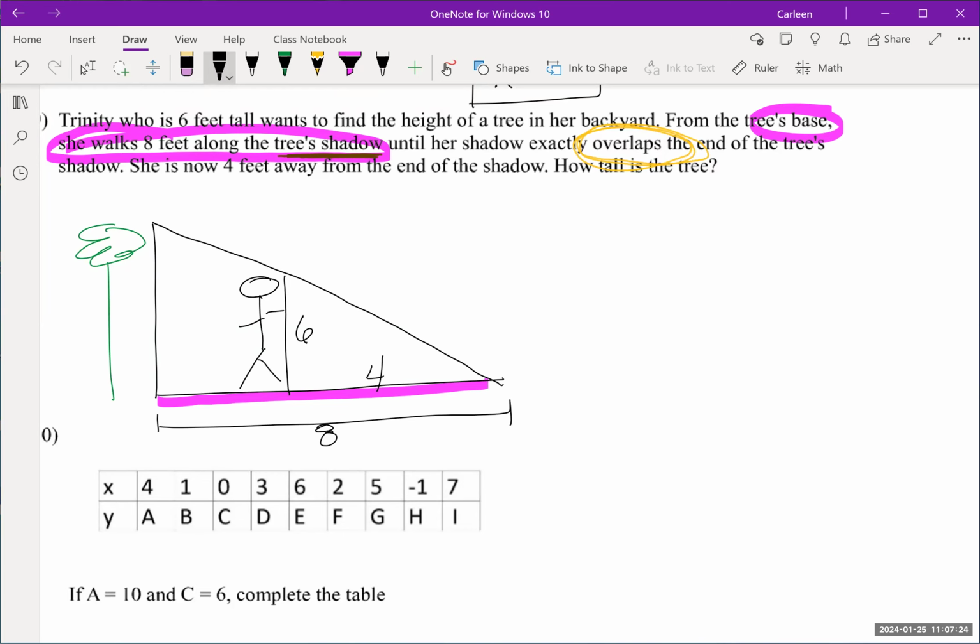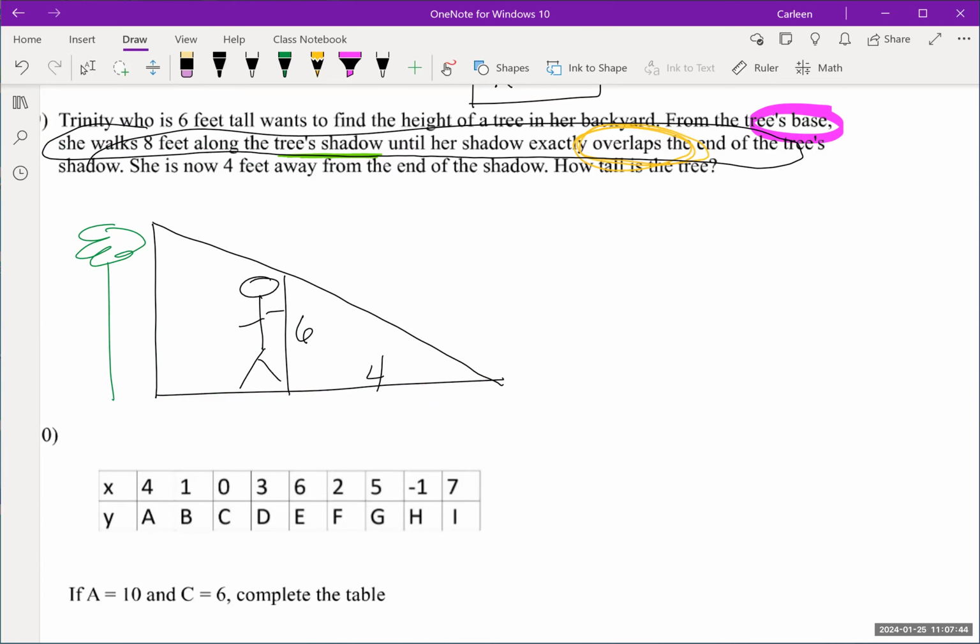Okay. Oh, wait. Is that 8? No, my bad. Okay, take a look. She walks 8 feet until her shadow overlaps the tree. Okay, that's not 8. This is 8.